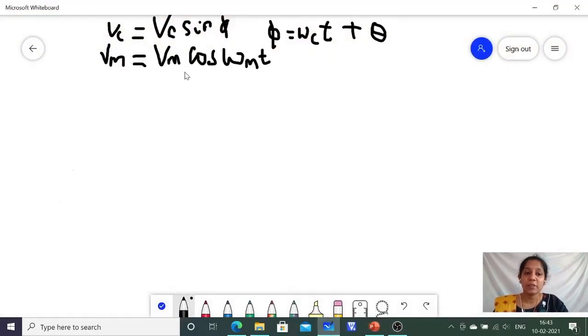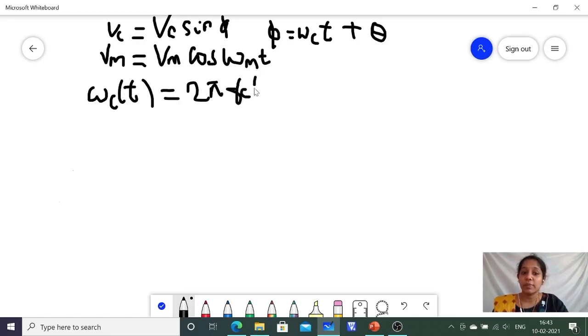So what happens after modulation? The instantaneous value of angular frequency after modulation can be written as 2 pi fc of t. This angular frequency is nothing but the rate of change of phase, which is d phi by dt.